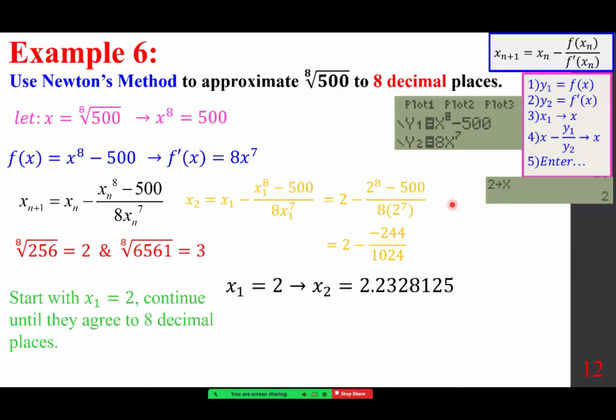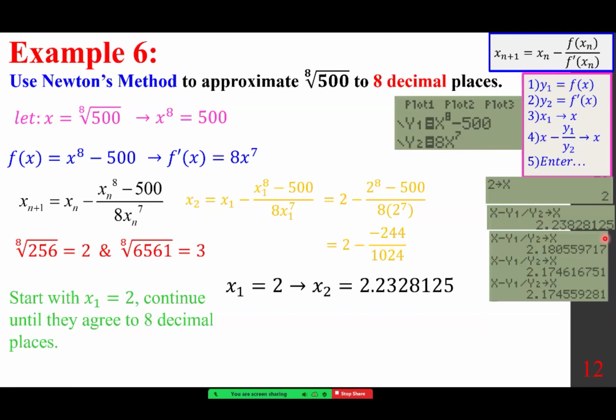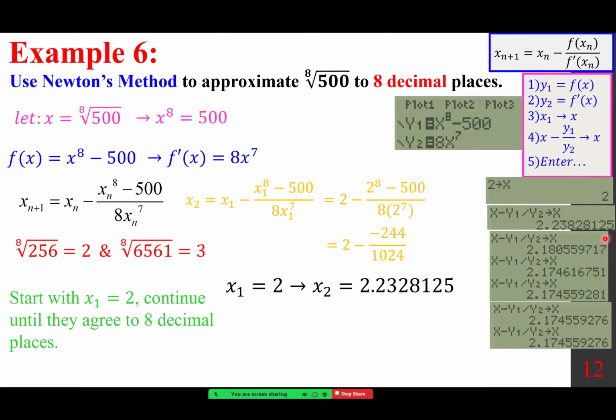And if you store in x, then x minus y1 over y sub 2 stored in x, it gives you this number. And all you have to do is press enter, enter, enter, and you keep on entering.